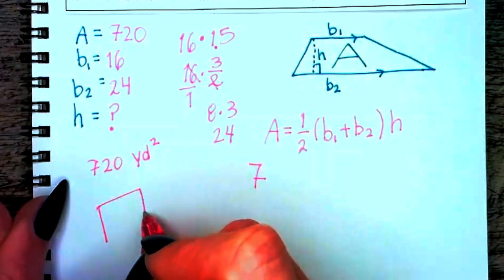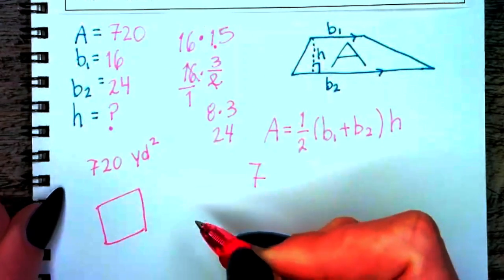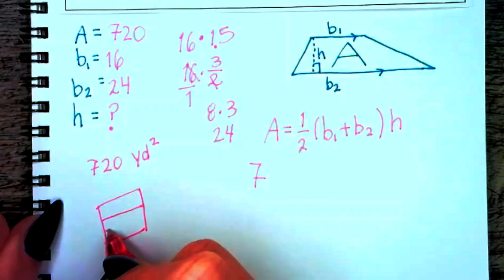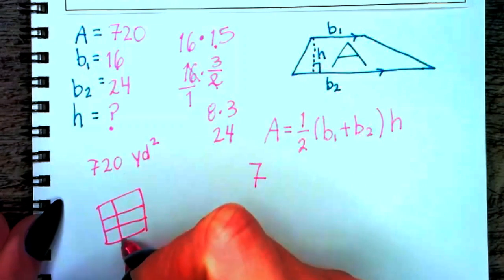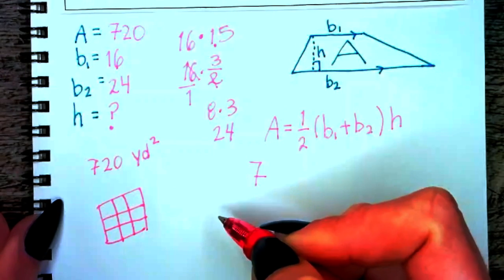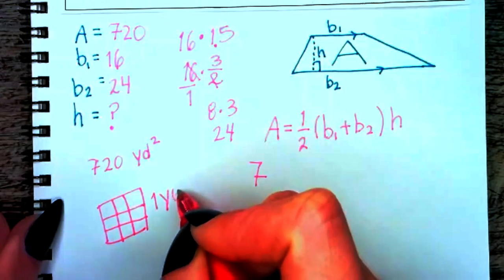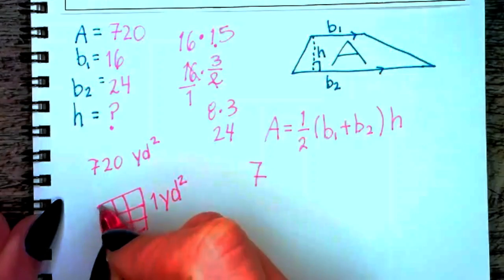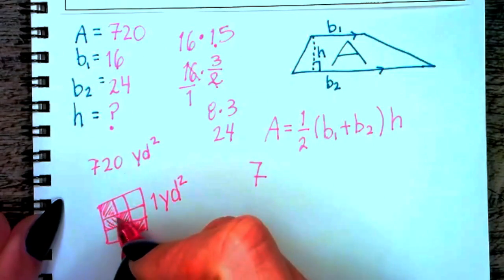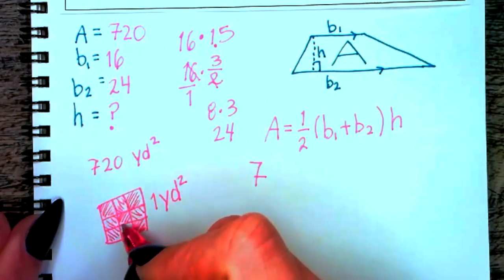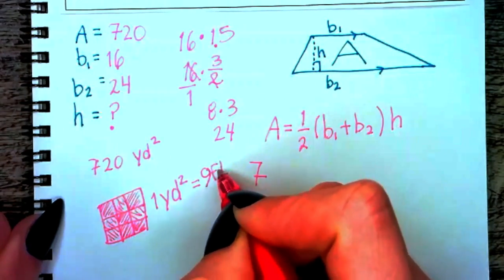What if you had 1 square yard? What does that even mean? 1 square yard is literally a square that is 3 feet by 3 feet. How many square feet are in 1 square yard? 9 square feet.